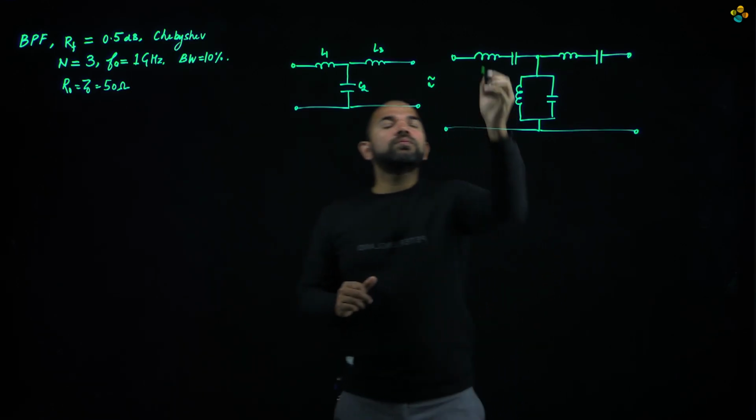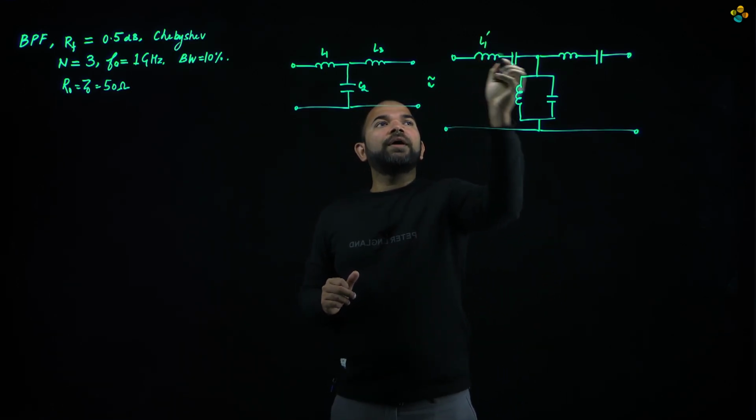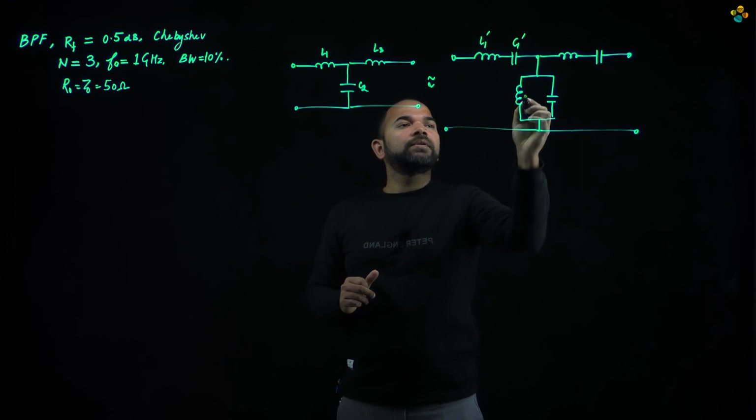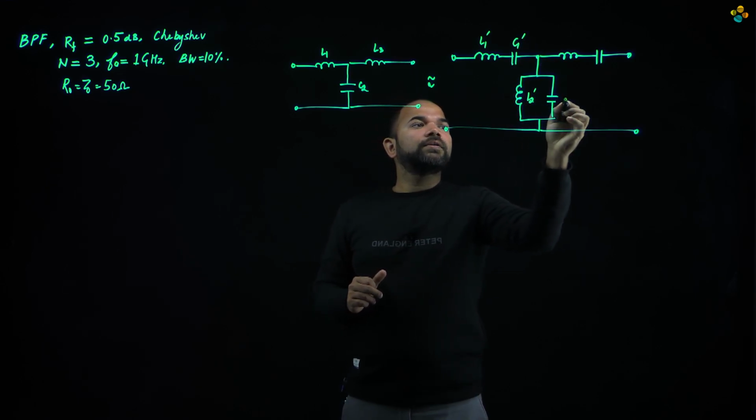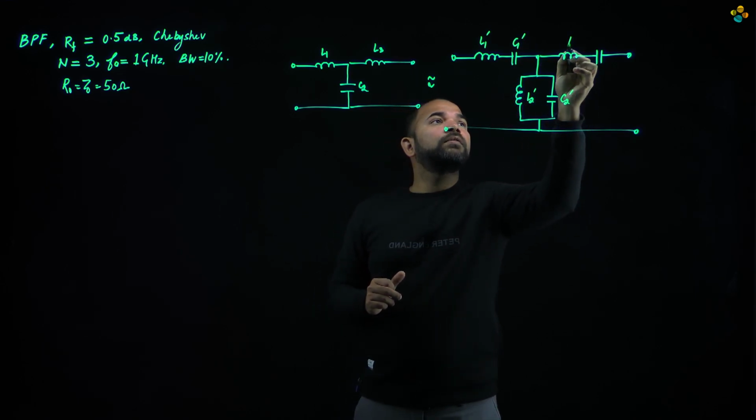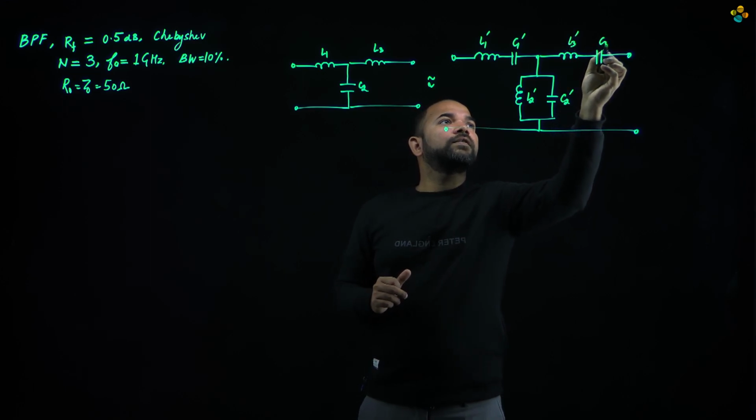So let's assume this is your L1 dash, C1 dash, L2 dash, C2 dash, L3 dash, and C3 dash.